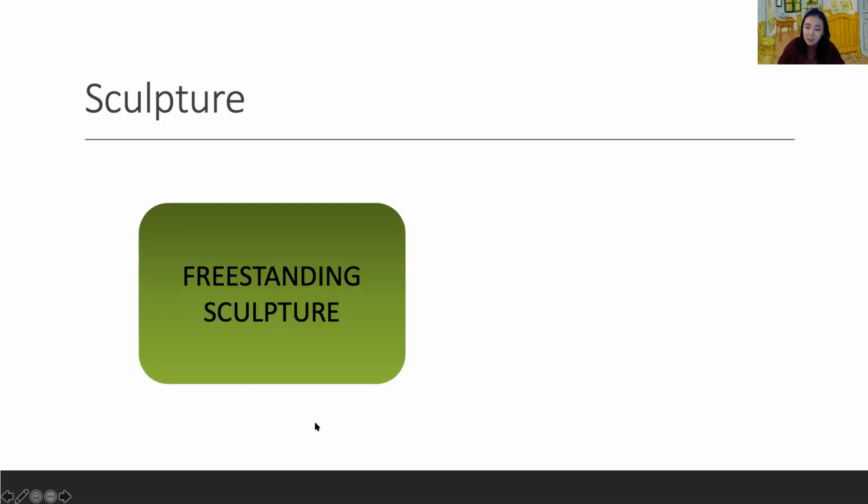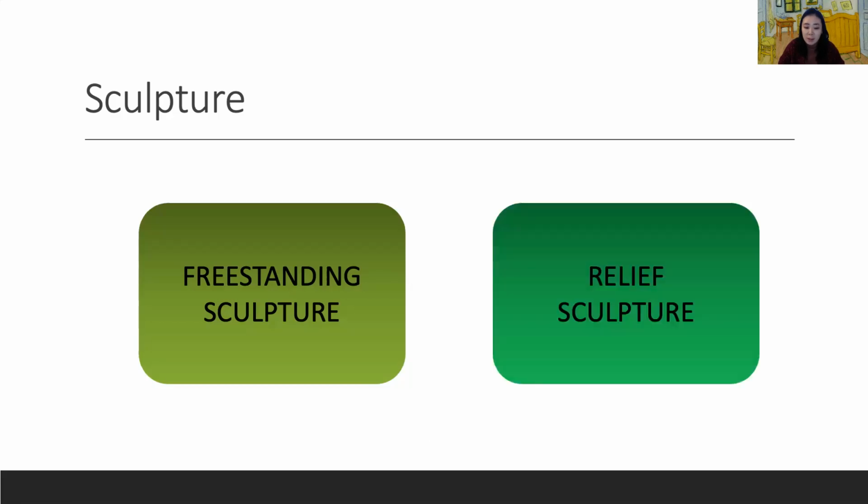So there are two types of sculpture in terms of display. First, the style is freestanding sculpture, which is a three-dimensional approach. And the other style is relief sculpture, which is specifically designed for viewing from one side.